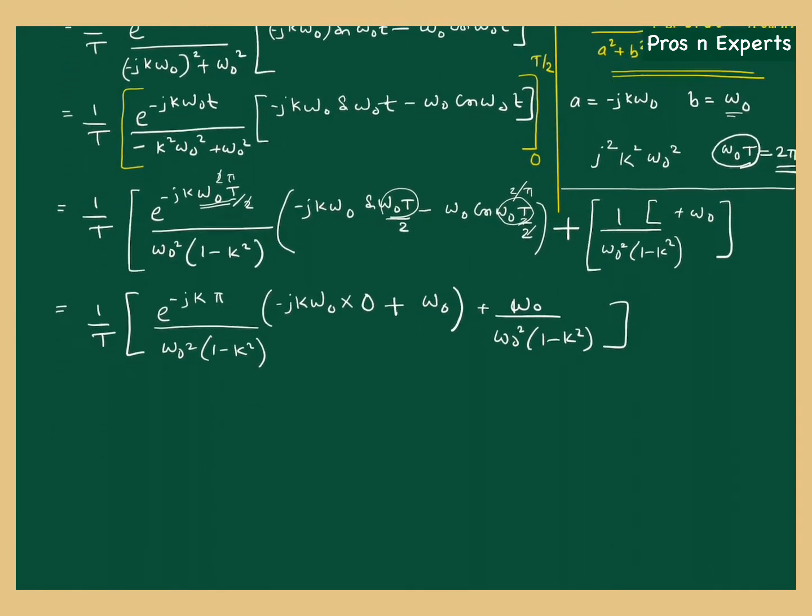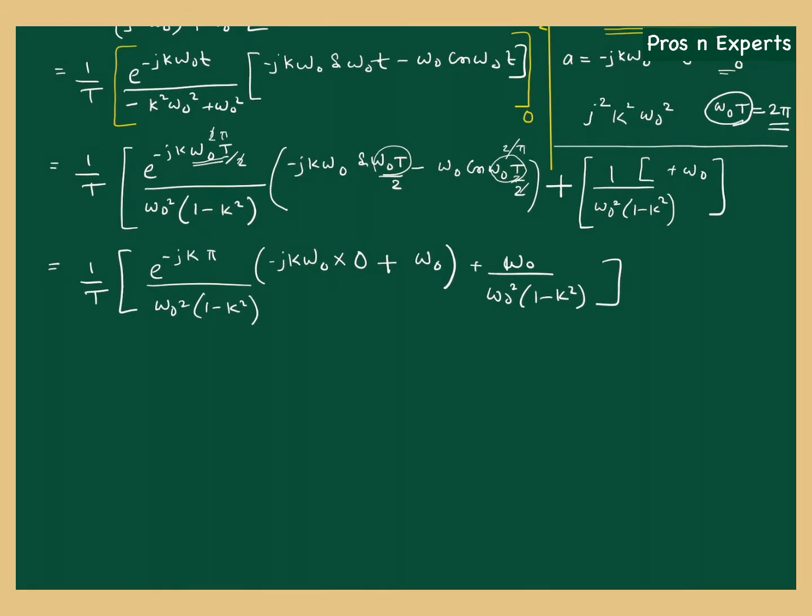Now it's a matter of only a few more steps of simplification. So this is 1 by T into, what is e raised to minus jk pi? E raised to minus jk pi is minus 1 to the power k. It's always minus 1 to the power k by omega 0 square into (1 minus k square) into omega 0. This term is 0, so what is left here is omega 0.